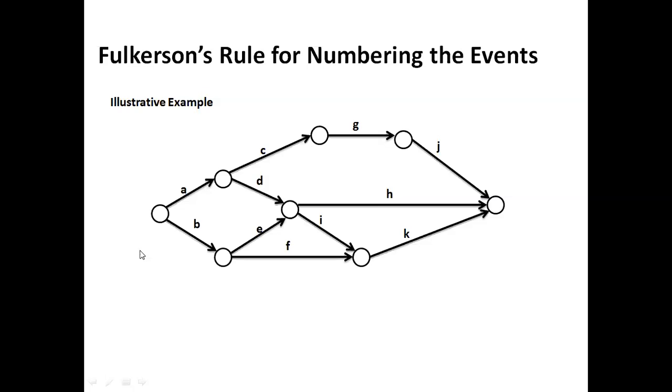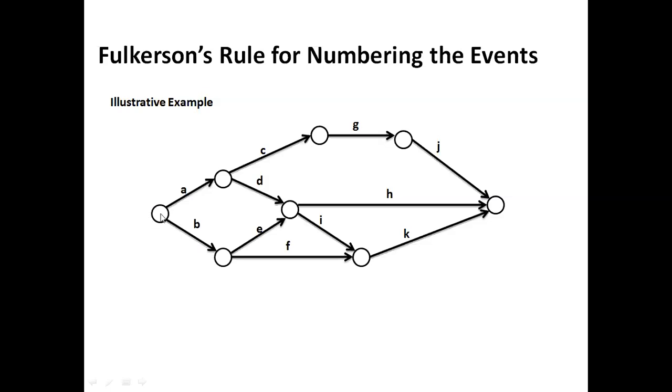Okay, first, as Fulkerson's rule says, the first and foremost node, that is the initial node, has no incoming arrows but only has outgoing. So this is the initial node which has only outgoing. A and B, these two activities are outgoing activities, but there is no incoming activity.